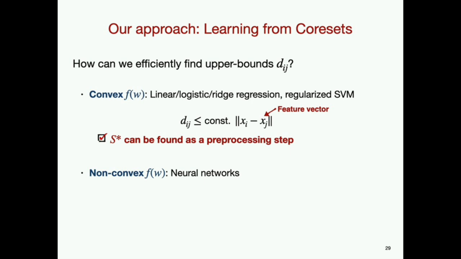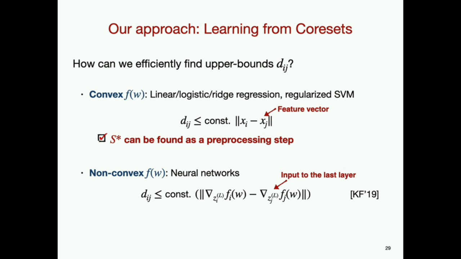How about neural networks, which we are more excited about these days? We don't have this nice property for neural networks. So instead of calculating the full gradient, which is not useful, there are some results showing that most of the variation in the gradients is captured by the gradient of the loss with respect to the last layer of the neural network.